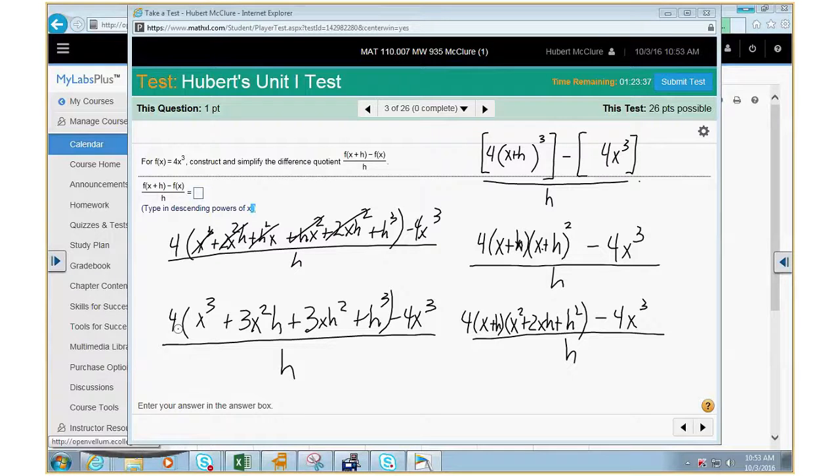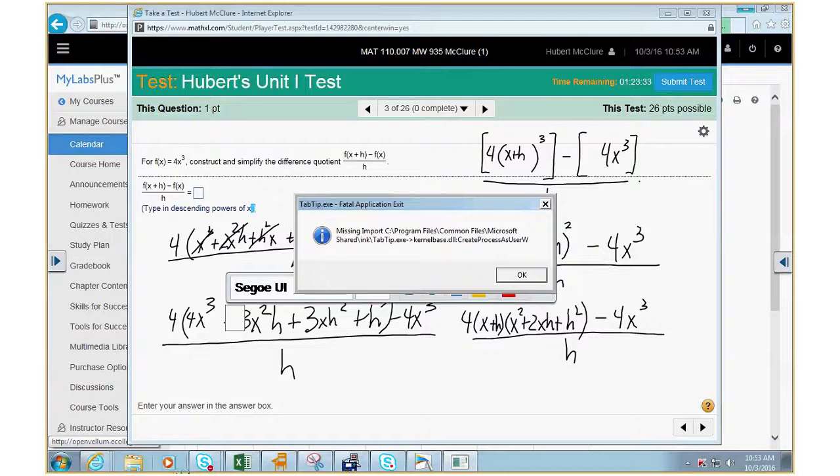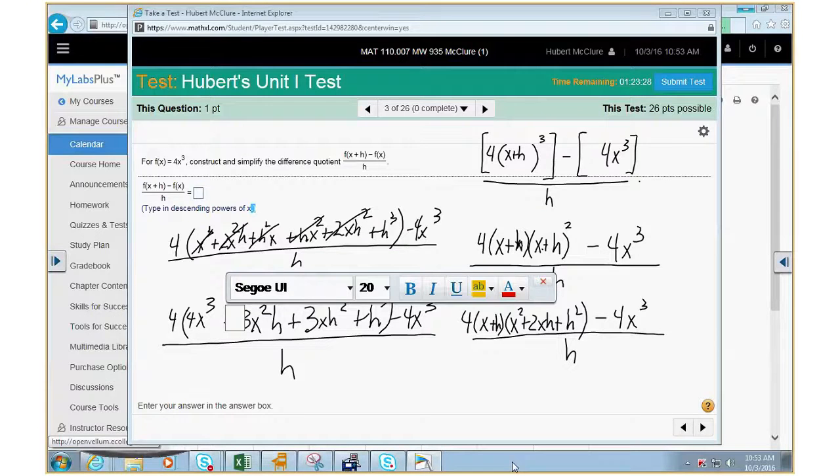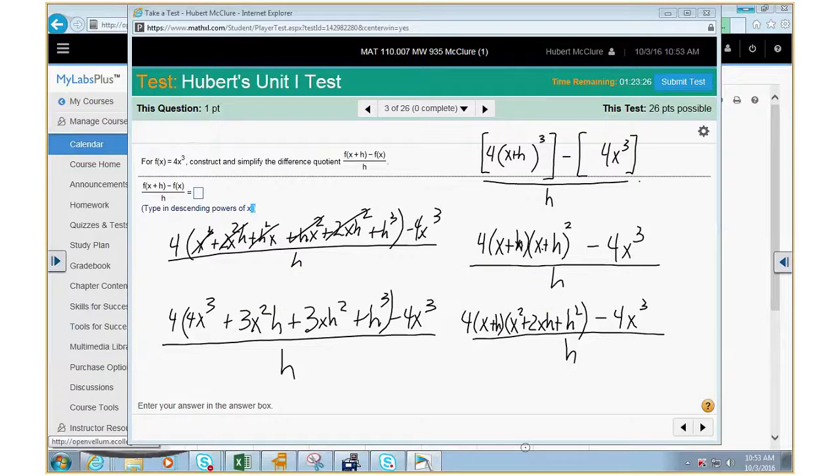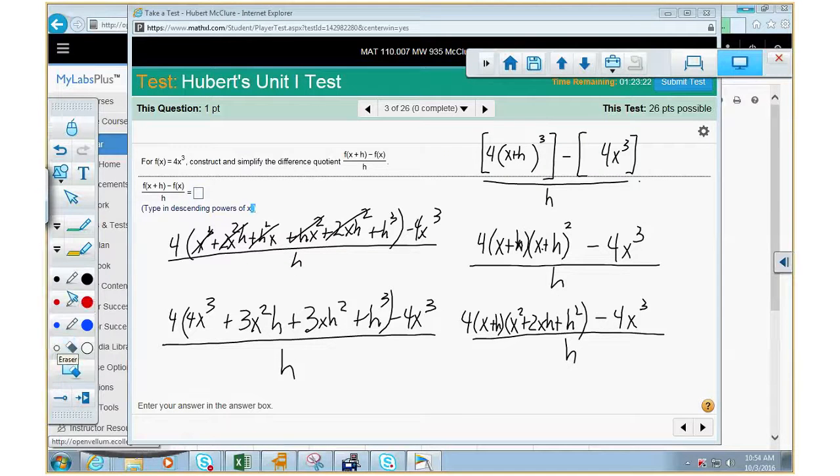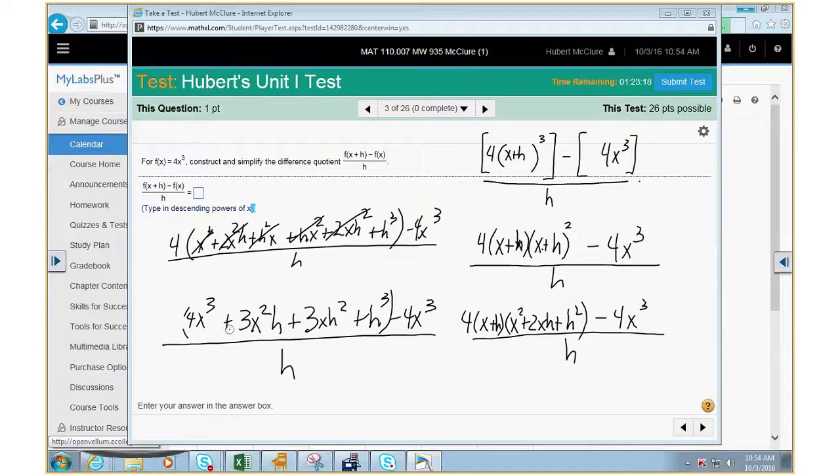And that's going to put a 4 there. Four. And a 12x here, and a 12 there, and a 4 here, right?